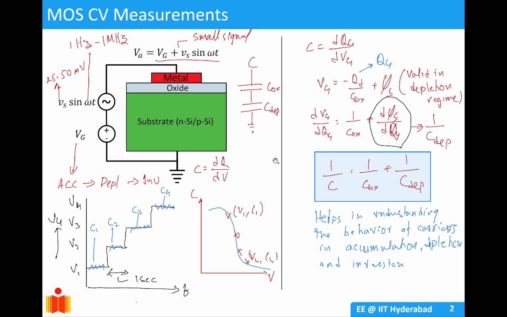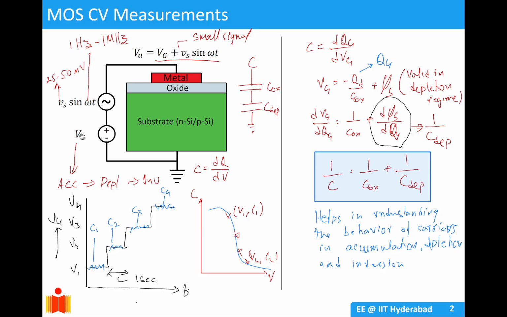How CV measurements are done is basically you connect the metal and the bulk end of the substrate, and you apply a DC voltage there, and you also overlay a small AC voltage such that your total applied voltage is Vg plus Vs sine omega t, where Vs is very small.